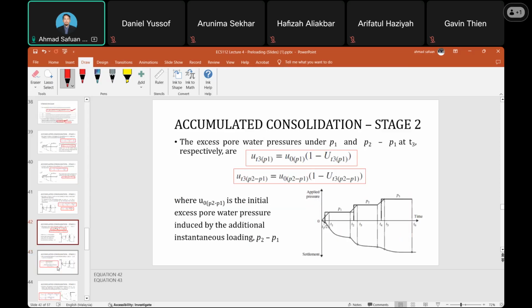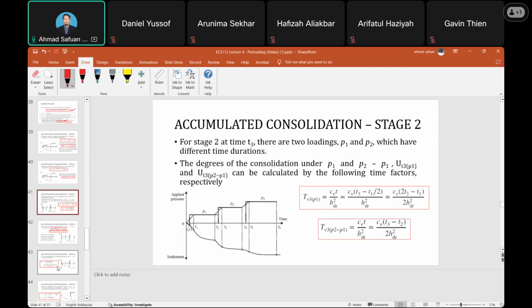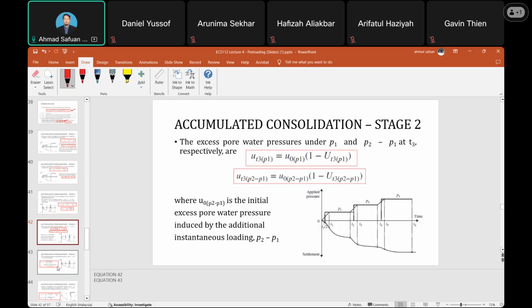Then for the excess pore water pressure under P1, it is U naught P1 times 1 minus Ut3 P1, which is obtained from the Tv3 P1, and U naught P2 minus P1 times 1 minus Ut3 P2 minus P1.